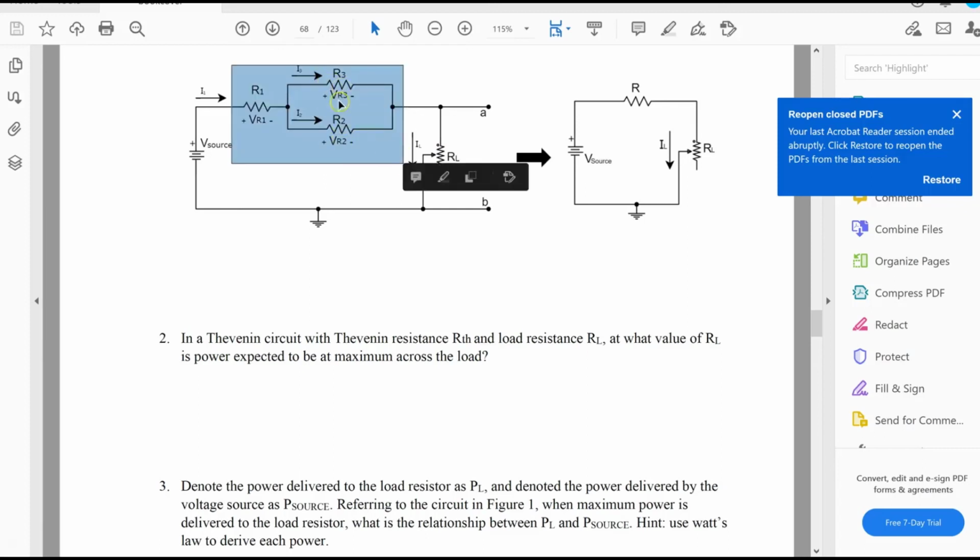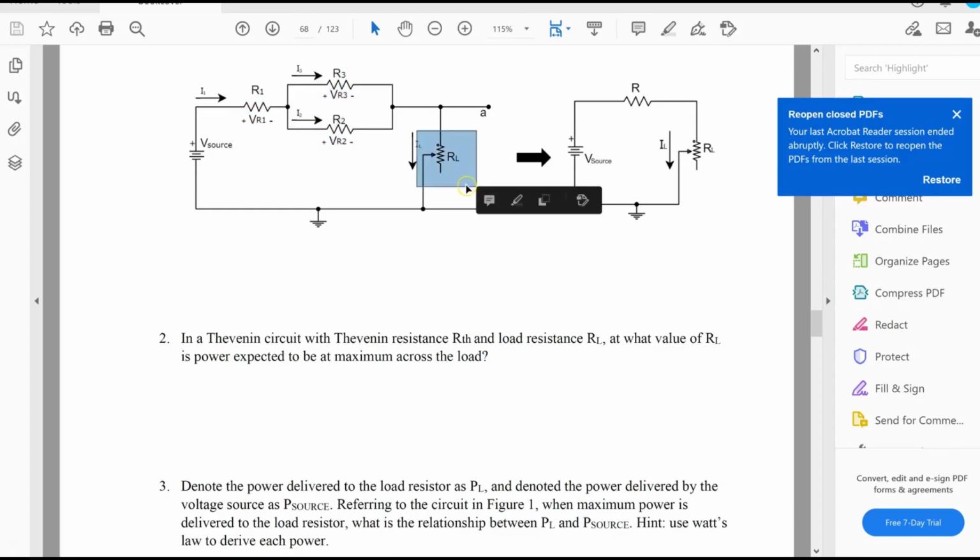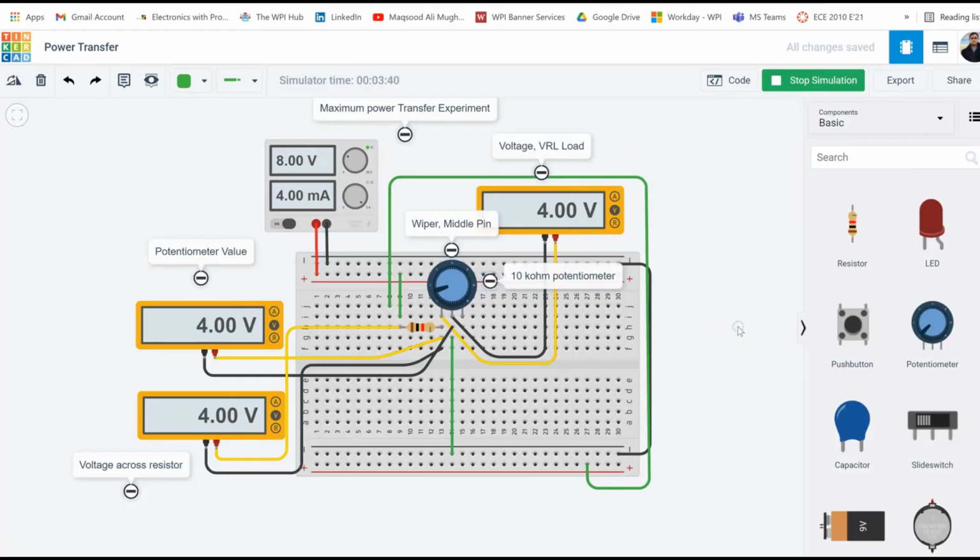These two are in parallel and they combine in series with this resistance, and you take the sum of these two resistances, then whatever you get is going to be the internal resistance of this network. If that value equals that of the load resistance, that is when maximum power is transferred to the load resistor. So a very simple phenomenon, but very important in electronics.